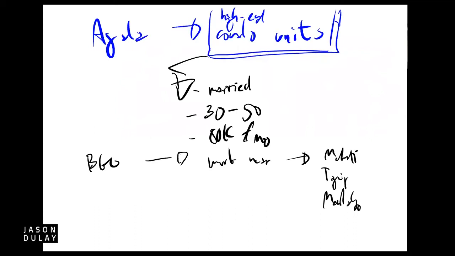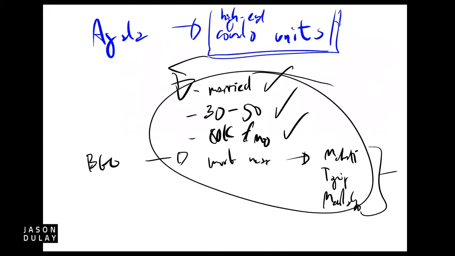They're married, they're age 30 to 50, they're earning 80,000 pesos a month and above, and they work in these areas. So this is the profile that you create, and you as a lead researcher should know enough about the business. You should know enough about market demographics to come up with this profile. Okay, so that's part of your job.